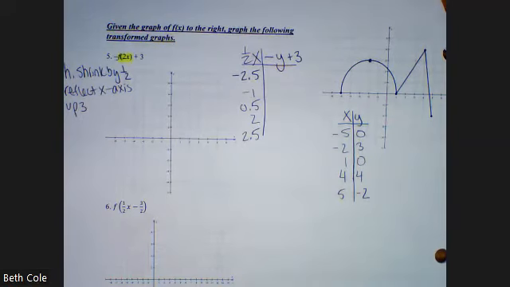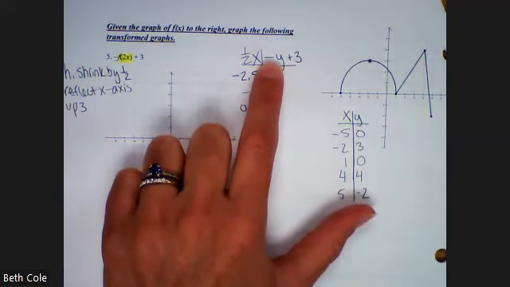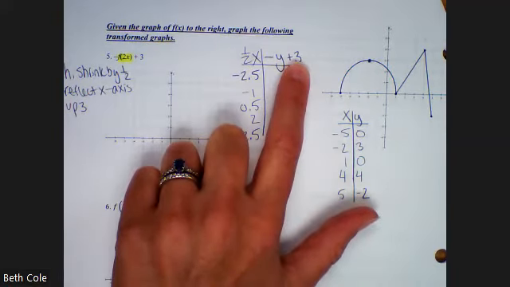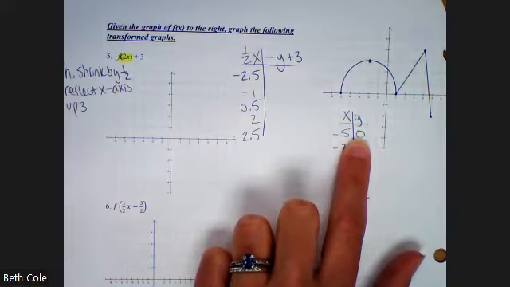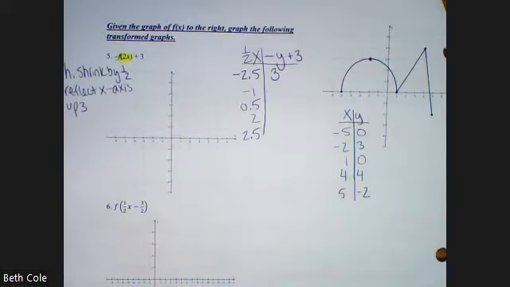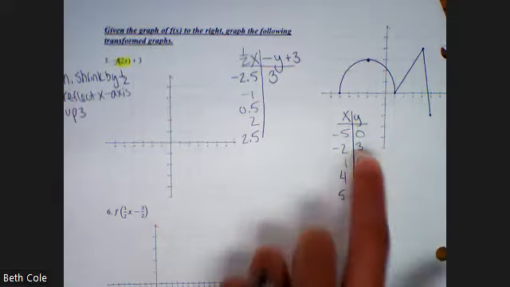Now for the y values, you're going to negate them. So just opposite them and then add 3. So 0, well, you can't opposite 0, that's 0. +3 will be 3. All right, the next one, -3. If you opposite that, it would be 3. +3 would be 0.